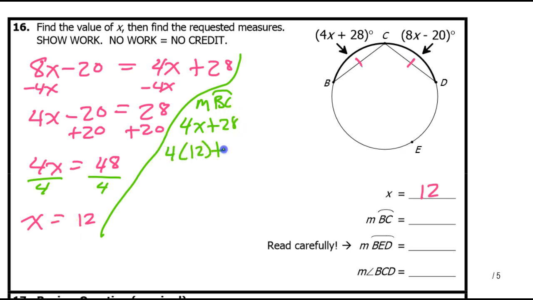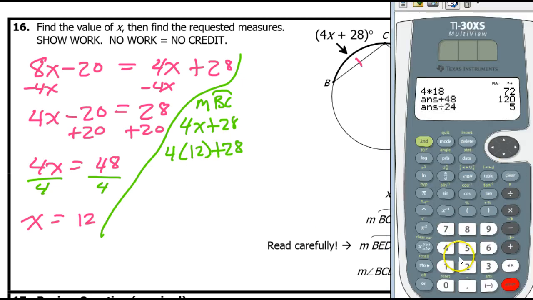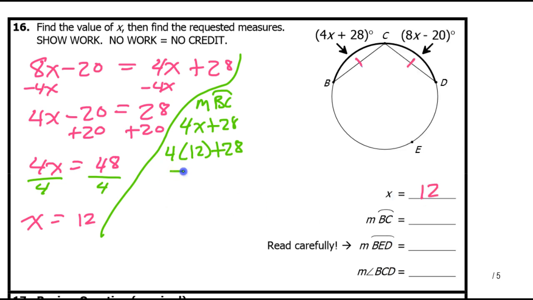So this is 4 times 12 plus 28. So that's 76. So the measure of arc BC is 76 degrees.